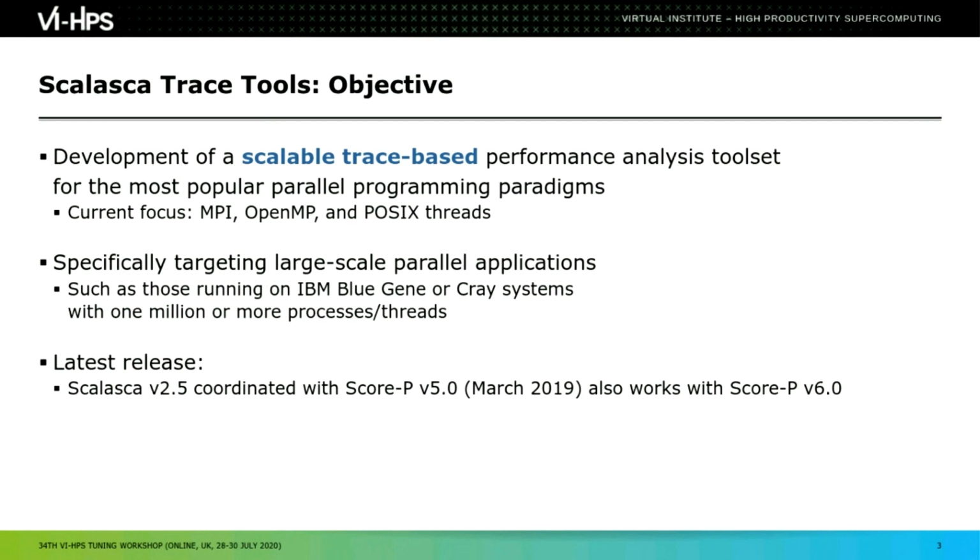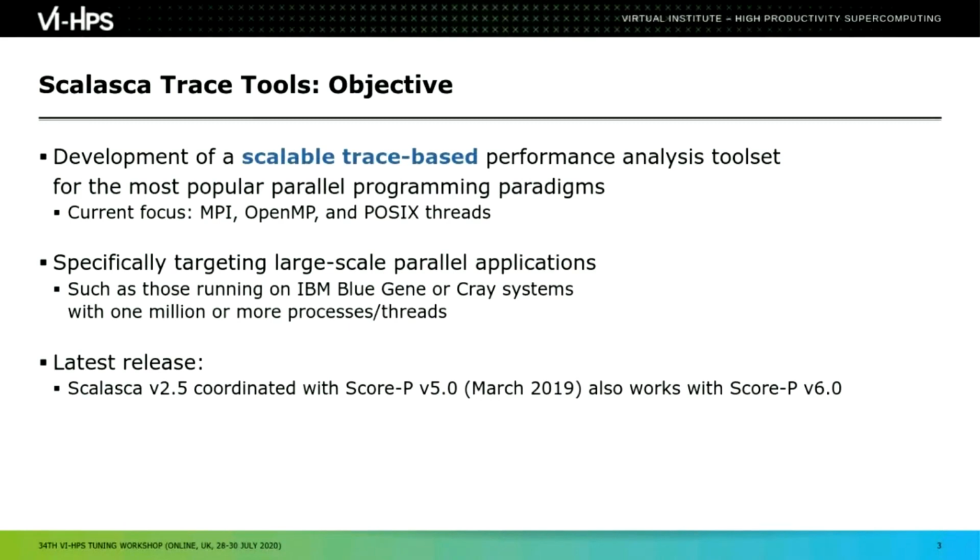And we were challenged to be able to do this analysis on some of the very large-scale systems, the Blue Gene systems that we had here in Jülich with up to 1 million and more cores in them, or the largest Cray systems, the K computer, and other very large systems with very many processes and threads, which we needed to be able to collect the traces with Score-P, for example, but also to analyze those traces in a scalable parallel fashion.